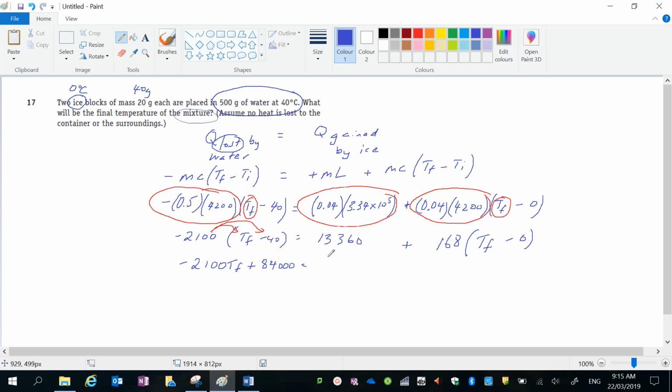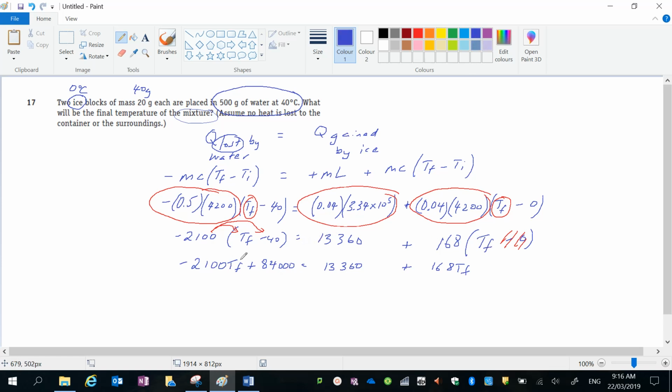Next bit. 13,360 carries through, plus, we'll expand this, 168 times TF is 168 TF, and 168 times 0 is nothing. So technically you could have just gotten rid of that here and just said it's TF take 0 is TF.